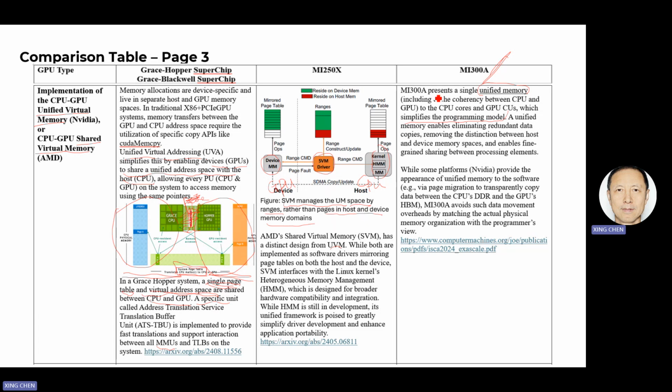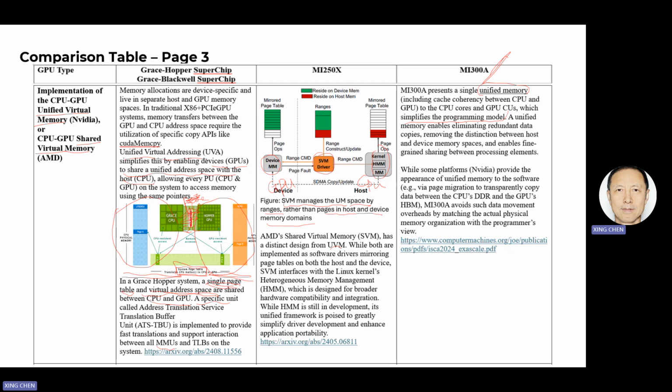What has been worked out by AMD for MI300A is quite different from the two others. Now it's a unified memory including the cache coherency between the CPU and the GPU, everything is unified.